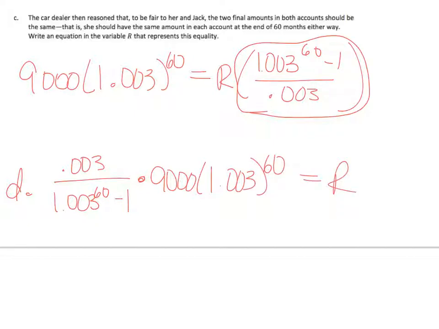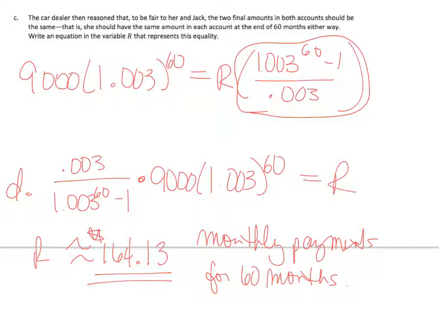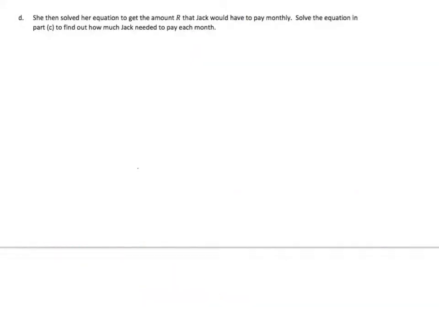Get out my handy dandy calculator, start crunching some numbers, and r is approximately 164.13. Those are Jack's monthly payments for 60 months. Fun. Oh, we already did this.